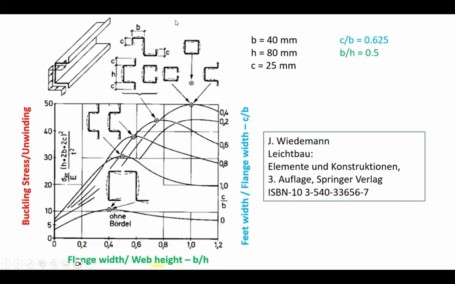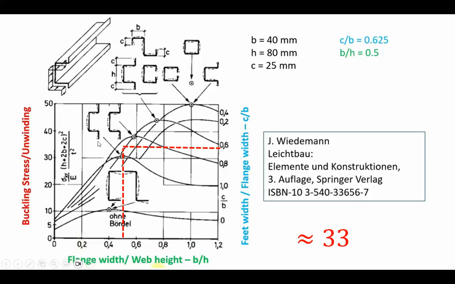The theoretical solution that the YouTuber is looking at is from this reference. Based on the dimensions given, the ratio C over B is 0.625, so it's roughly 0.6, and B over H is 0.5. That means the particular value we read and have to compare to is 33.